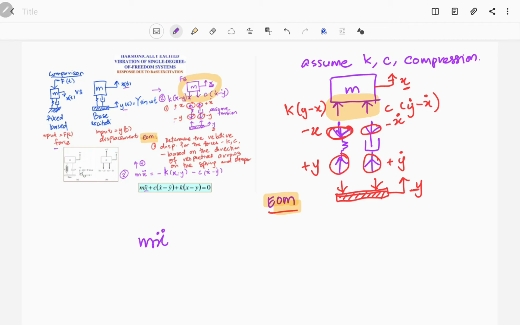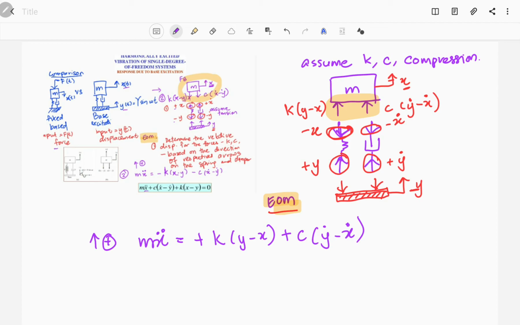For M, as I said, it's only affected by X; Y is not affecting M. It equals, with the positive direction upwards, and you can see that the K and the C forces are also upwards, so you get positive K (Y minus X) plus C (Y dot minus X dot).